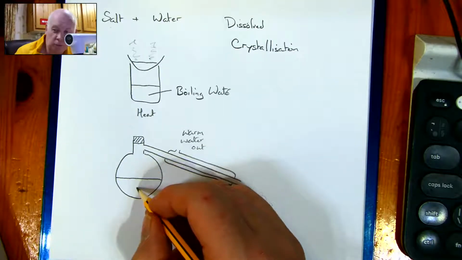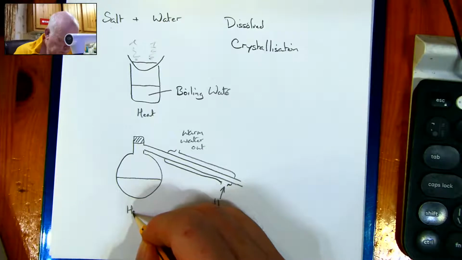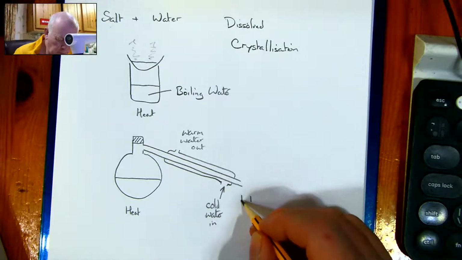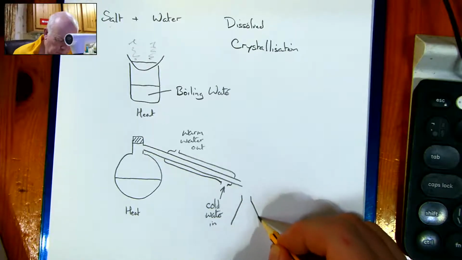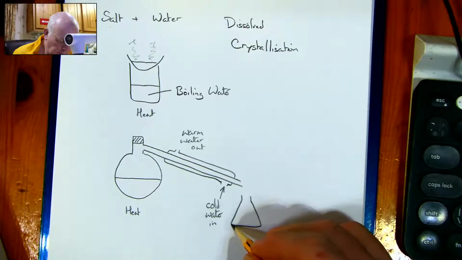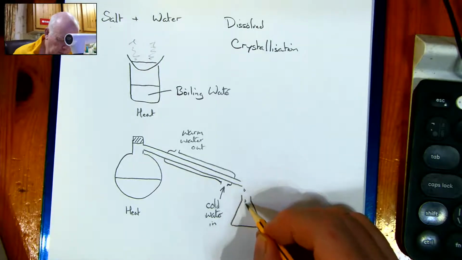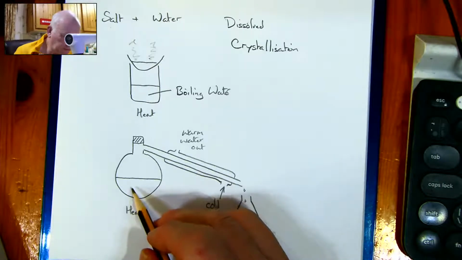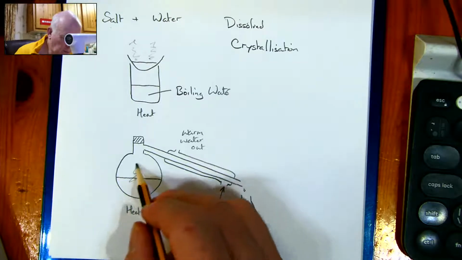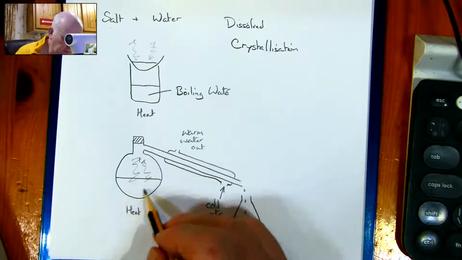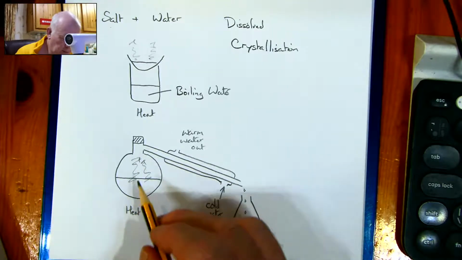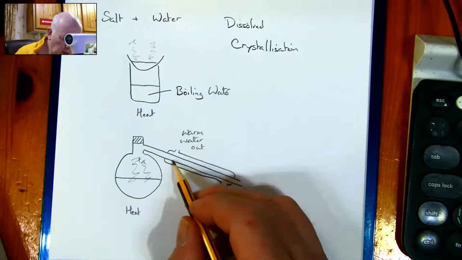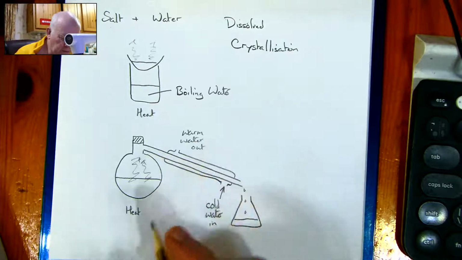So we put our salty water in here, we heat it, and at the other end, let's draw in our flask, and we're going to collect the water. The salt water is heated. The water evaporates, leaving the salt in here. It can't go anywhere else. It goes down this tube where it meets a jacket of cold water round this tube.